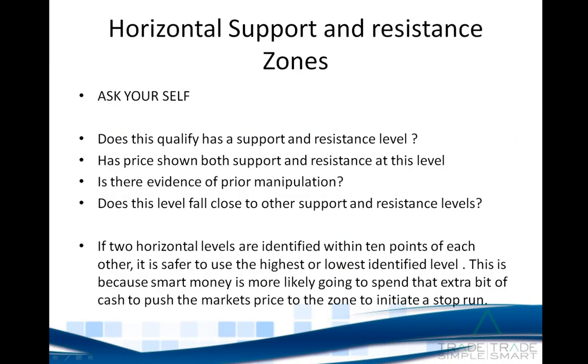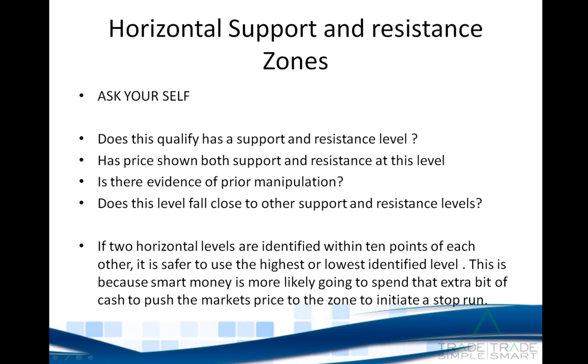Okay, so when you're identifying horizontal support and resistance zones, the most important thing is to keep it simple. So the 4 questions you want to ask yourself is, does this qualify as a support and resistance level? Has price shown both support and resistance at this level? Is there evidence of prior manipulation?